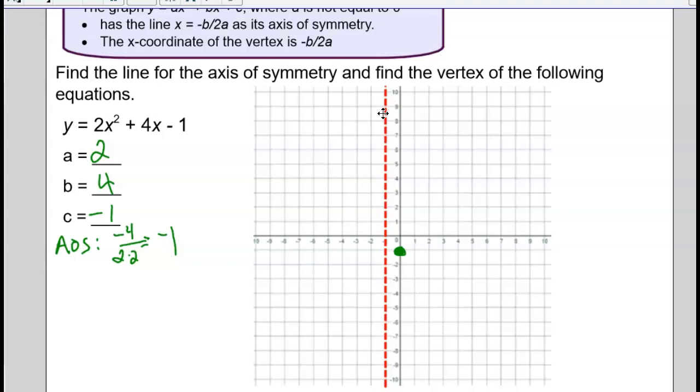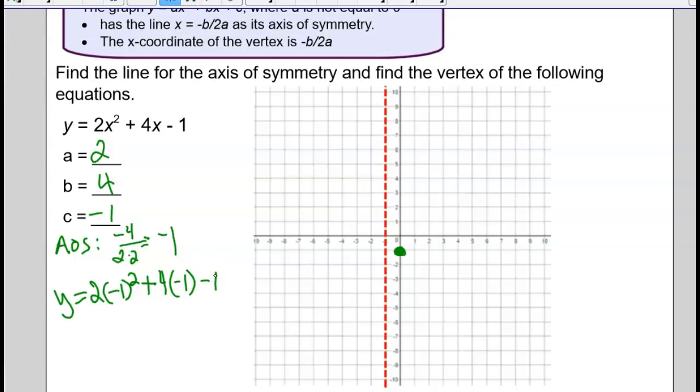I can also find another piece of information here. Since my axis of symmetry is at -1, that means I know the x-coordinate of my vertex. So let's think about this. If I have a function and I know the x value, then I can calculate the y value. So y will be equal to 2 times -1 squared plus 4 times -1 minus 1.